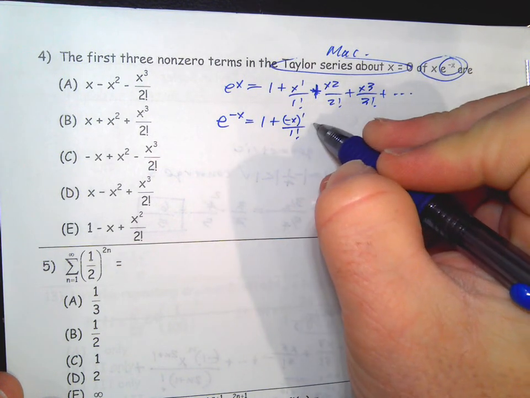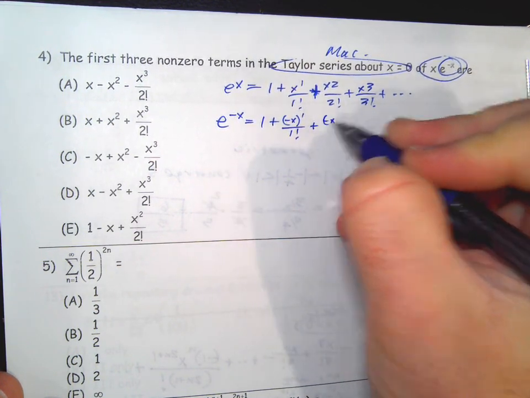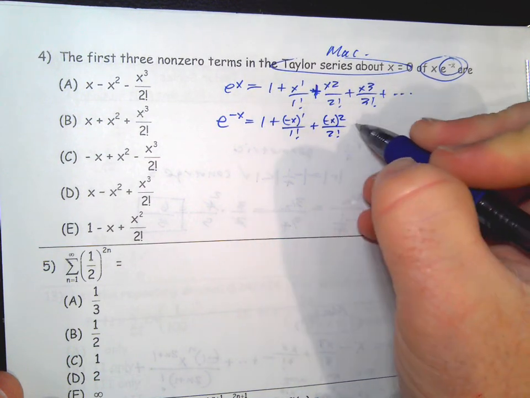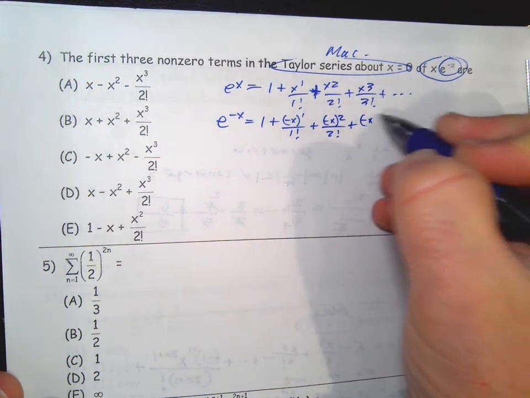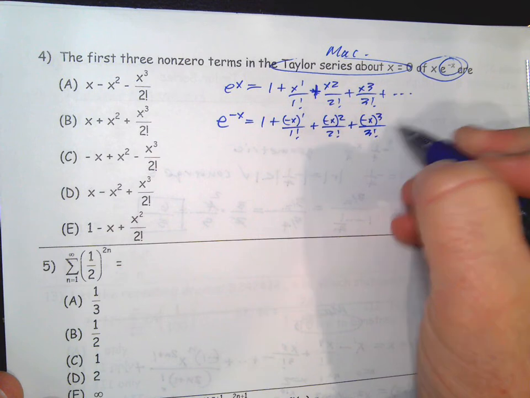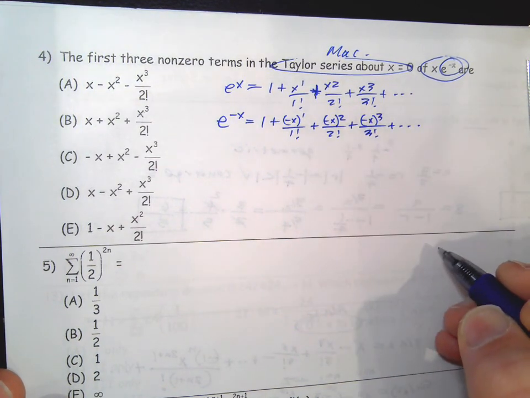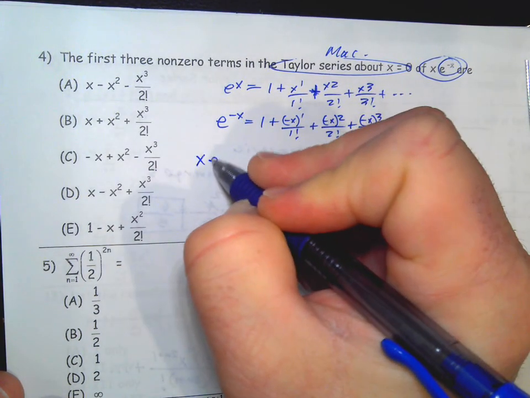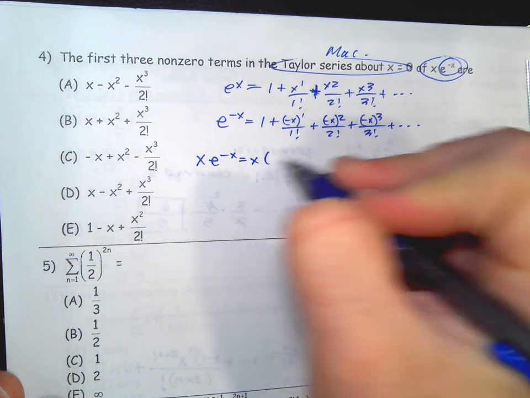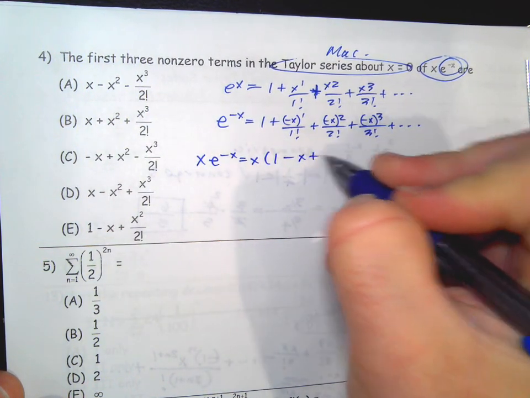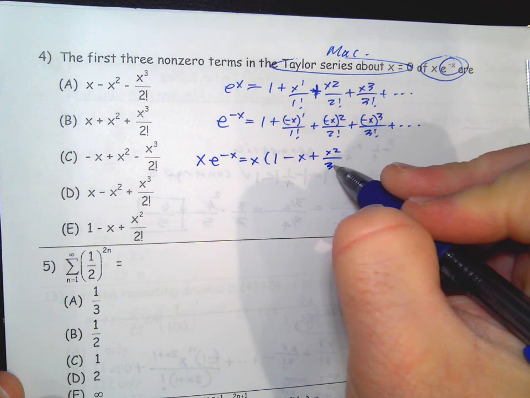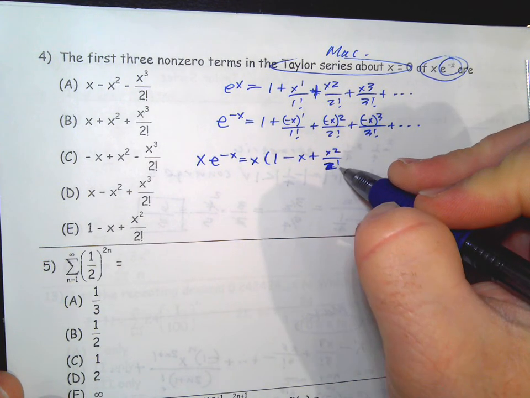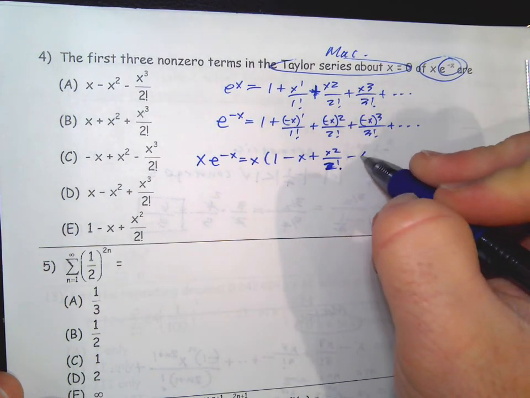You can plug a negative x in. And that's going to give you 1 minus x plus x squared over 2 factorial. It essentially changes the e to the x series into an alternating series.